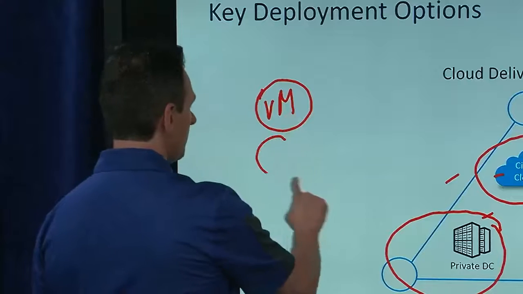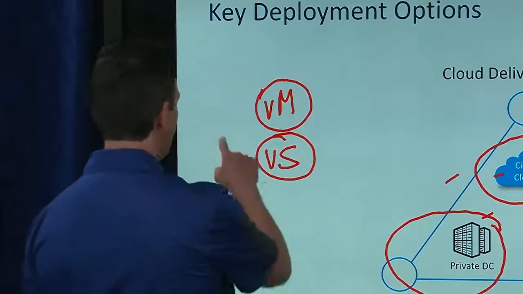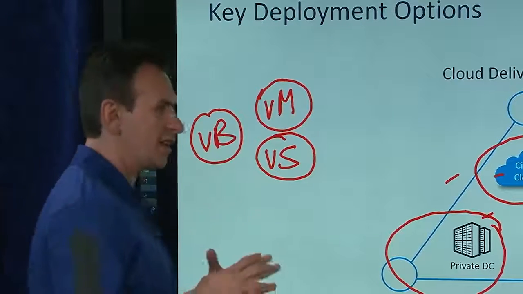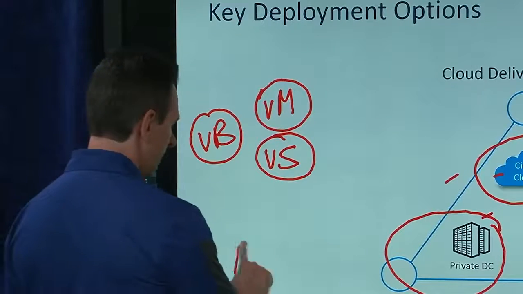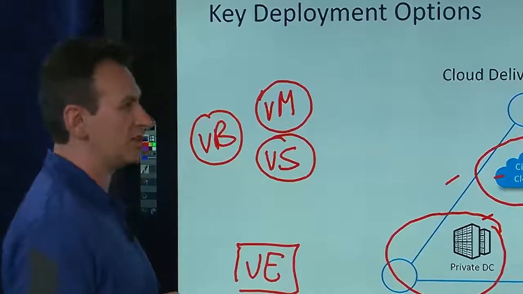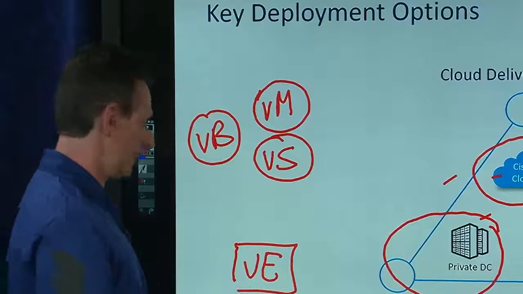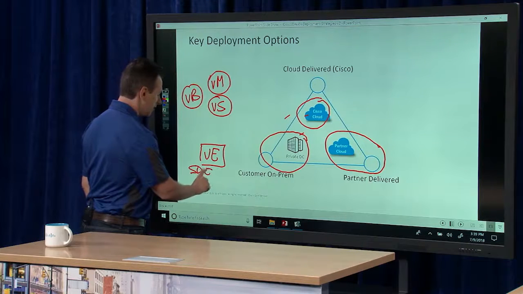Then we have the vSmart, which is the control plane of the solution. And then we have the vBond, which is the orchestration engine to orchestrate the connectivity between the controllers and the vEdge routers, be those the traditional vEdge routers that we brought into Cisco or the Cisco routers that are running the SD-WAN code. So these are the SD-WAN edge devices.